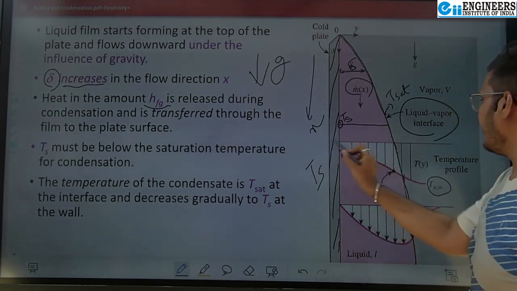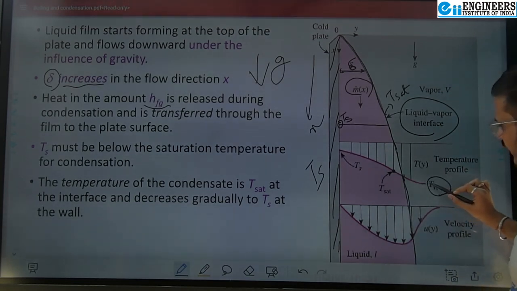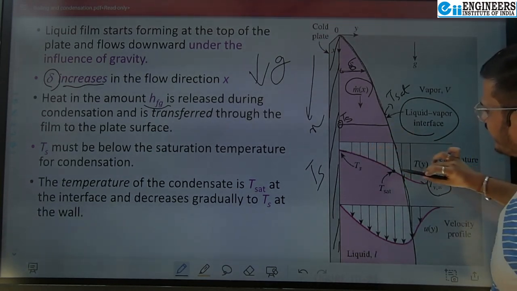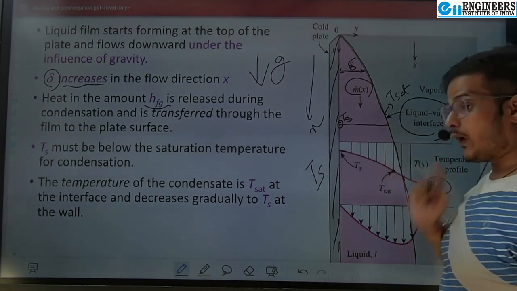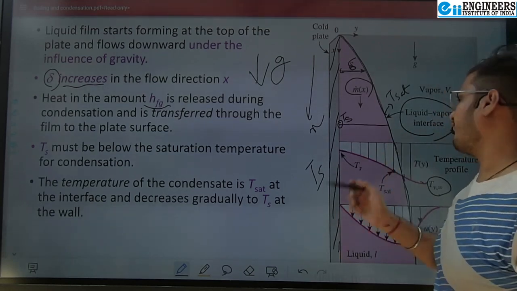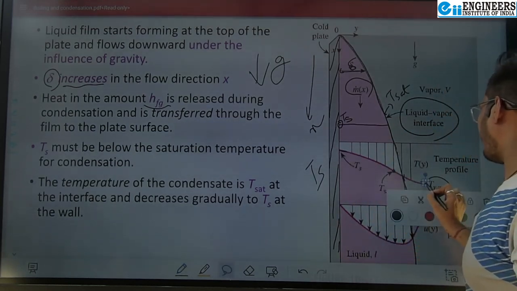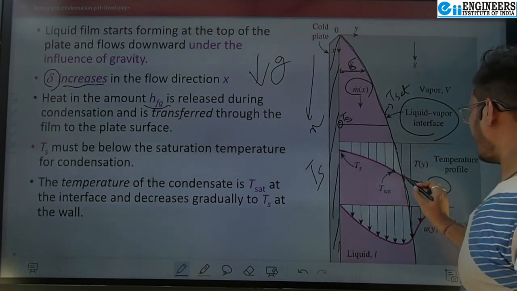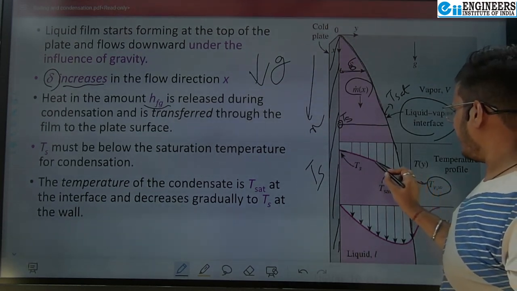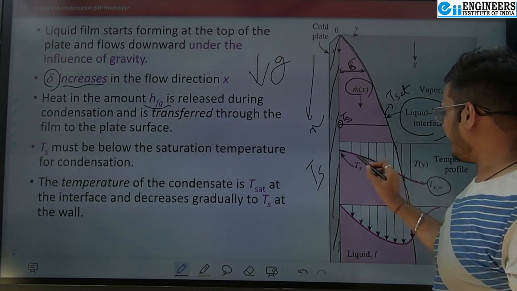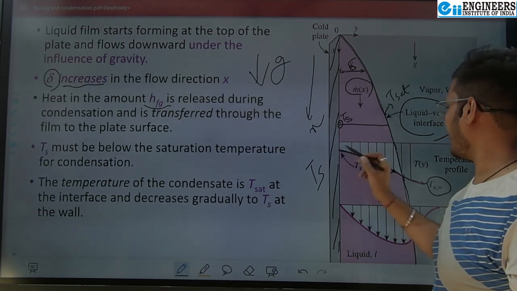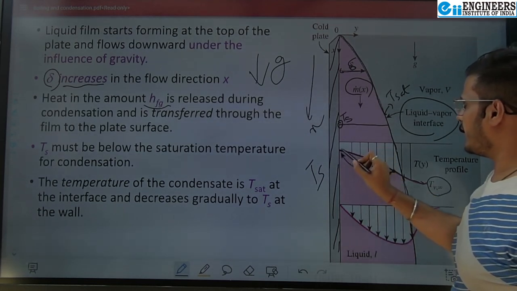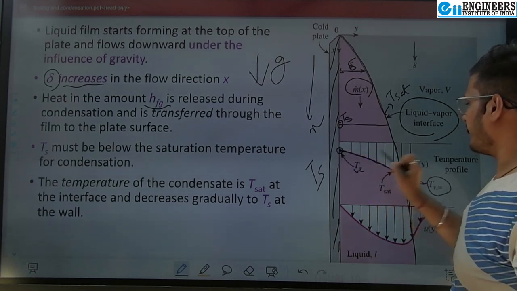So this is the temperature distribution: it is higher in the vapor phase, then reduces gradually and becomes Ts at the surface. Here the same boundary layer concept comes into picture, the no temperature jump condition. Then the temperature of the condensate at this point becomes the surface temperature.